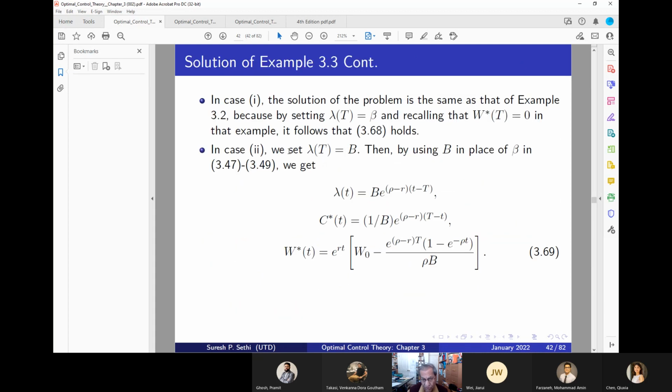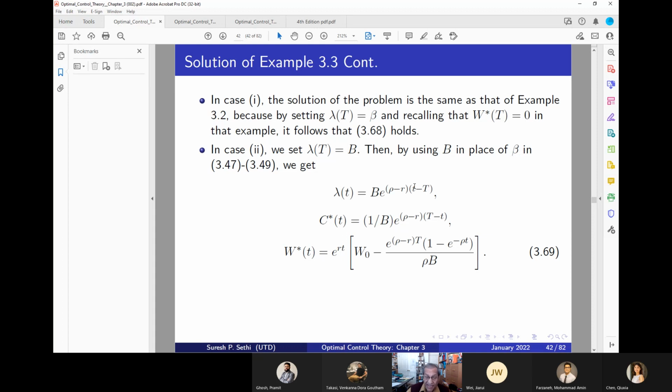So in case 2, we just set lambda t equal to B. Then our lambda t is B times that, not beta times that, but B times that. Then our C star t will be a little bit less, because instead of 1 by beta it is 1 by B, and B is bigger than beta.